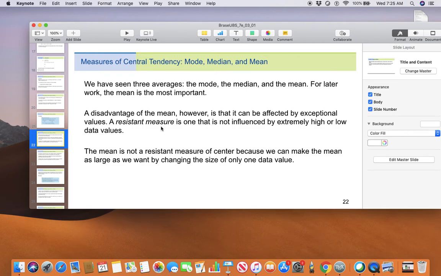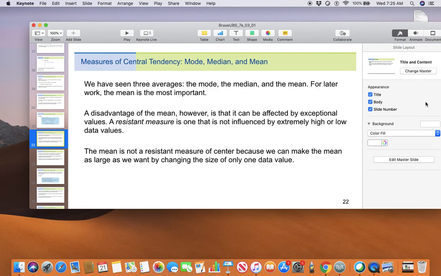A resistant measure is one that is not influenced by extremely high or low values. The mean is not a resistant measure of center because we can make the mean as large as we want by changing the size of only one data value. Now, this is very important. The median remains the median even if there is, say, a $5 million house. But the mean will change.